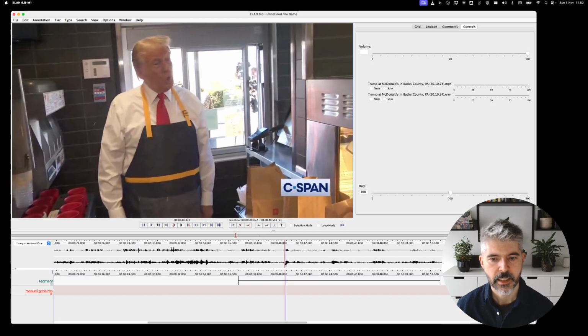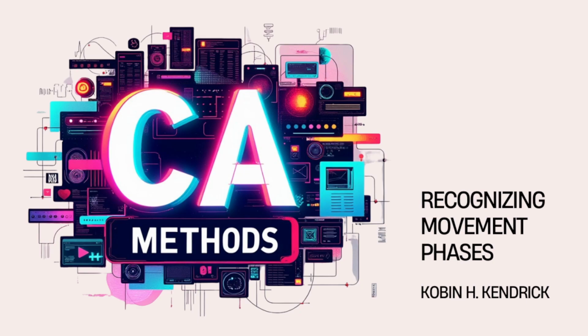And I see it moving at this frame. Now I'm going to scrub forward, looking for the end of the preparation phase. So this will be where the stroke begins, where the hands arrive at the position in which the stroke will be performed. So already there, his hands are moving inward, so we're already into the stroke phase.